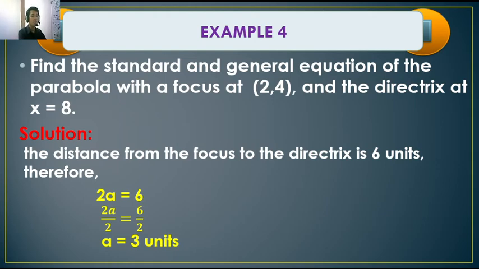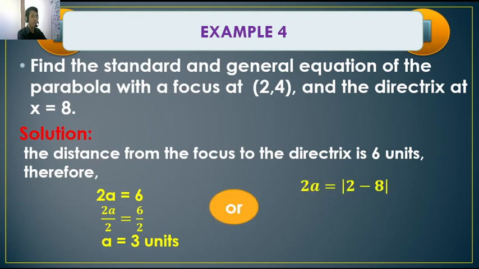Okay, so why do we use 6? Simply because we all know that the measure from the focus to the directrix is equal to 2a, and the measure of that is 6 units. So we equate 2a is equal to 6, and we have a is equal to 3 units.